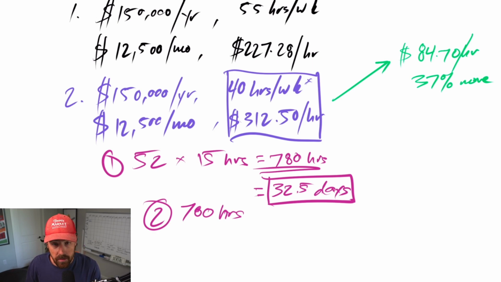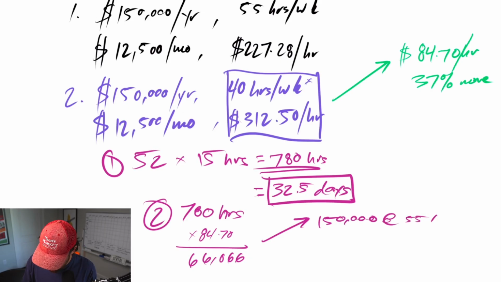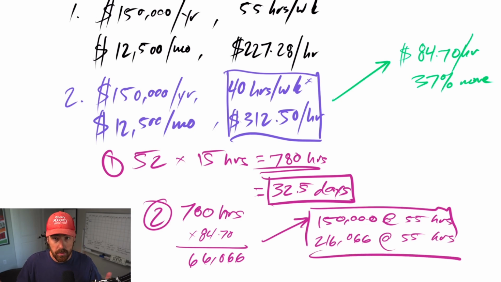Well, 780 times 60 times 84.70, which is the difference between their old hourly and their new hourly, equals 66,066, which means they're either making 150,000 at 55 hours or 216,066 at 55 hours.